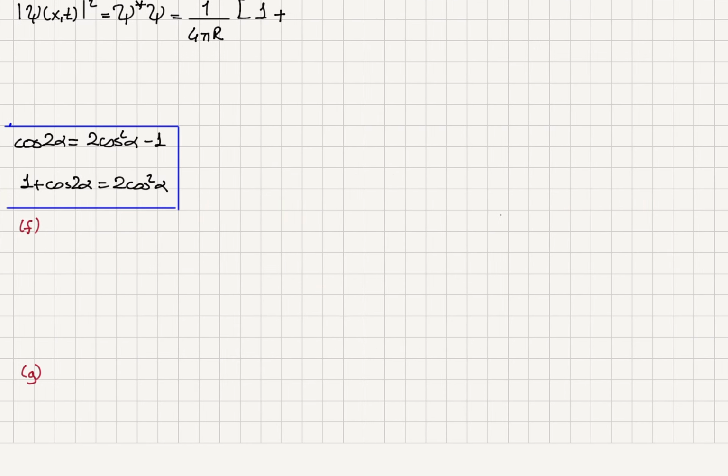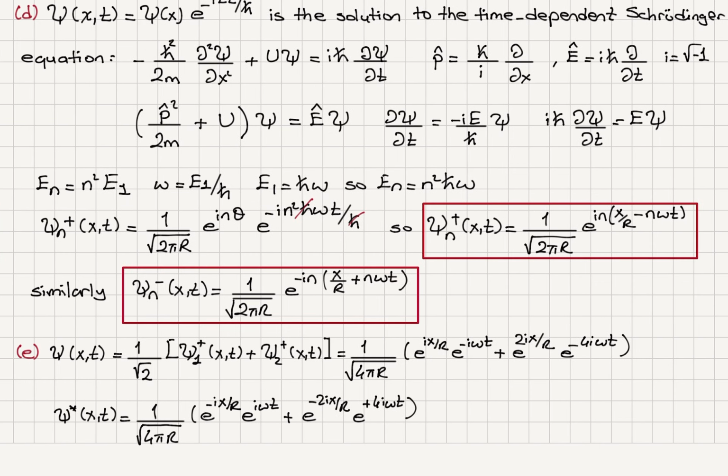So we will have e to the i x over R e to the minus 3i omega t. And then we have this term multiplied with this term.